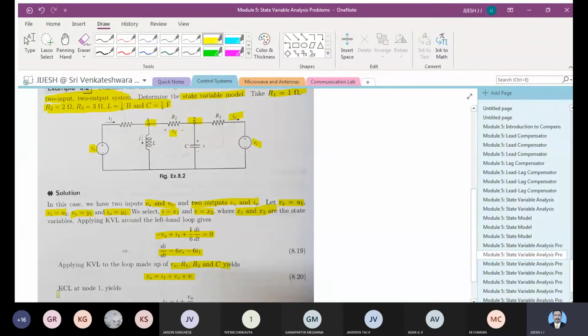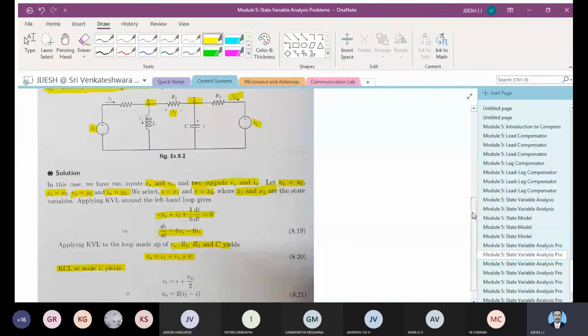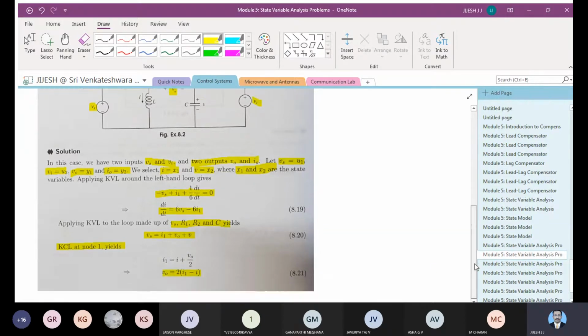Let me first write the KCL for node 1. When I write the KCL for node 1, I can write I1 is equal to I plus V0 divided by 2, so we can write it in terms of V0. V0 can also be written as 2 into (I1 minus I).